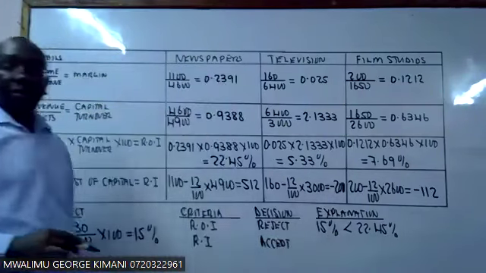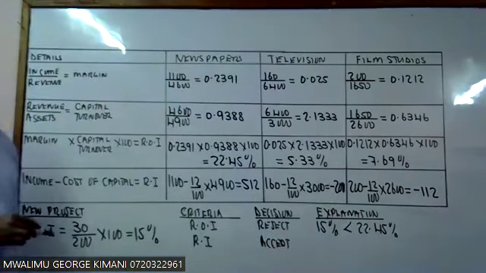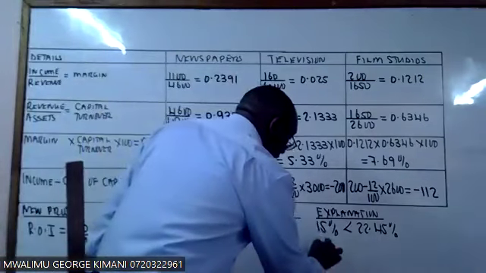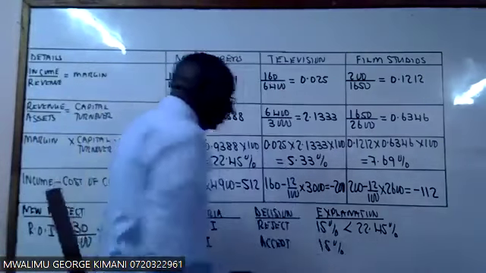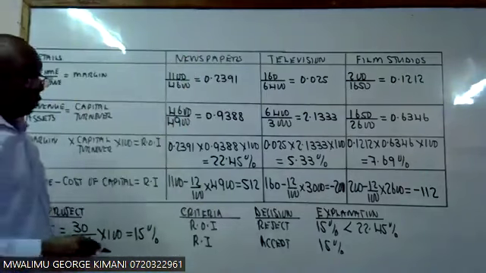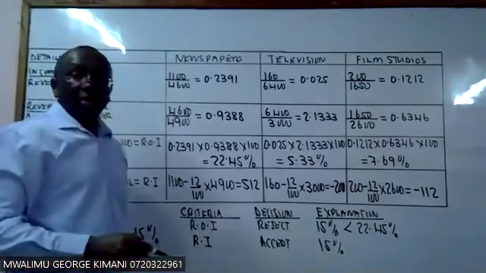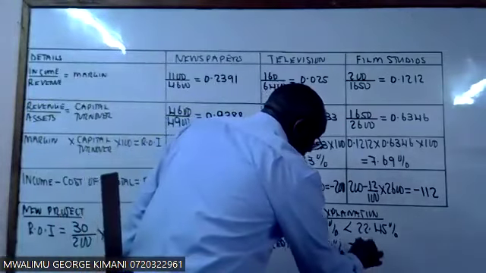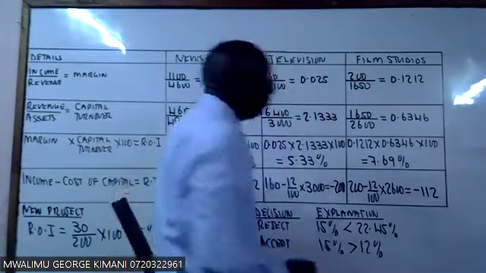And why? Because we said in our notes that you compare the return on investment of that project, which is 15%, with the minimum required cost of capital, which the question gives us as 12%.